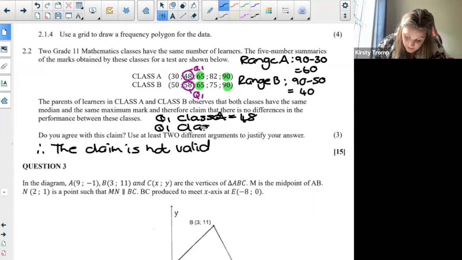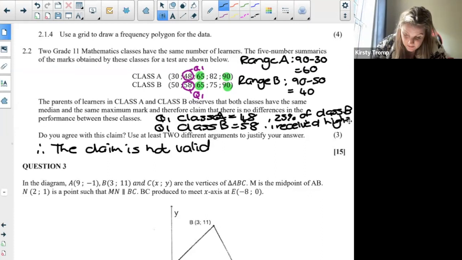Q1 class B got 58. Therefore, okay, 25% of class B received higher marks. All right.